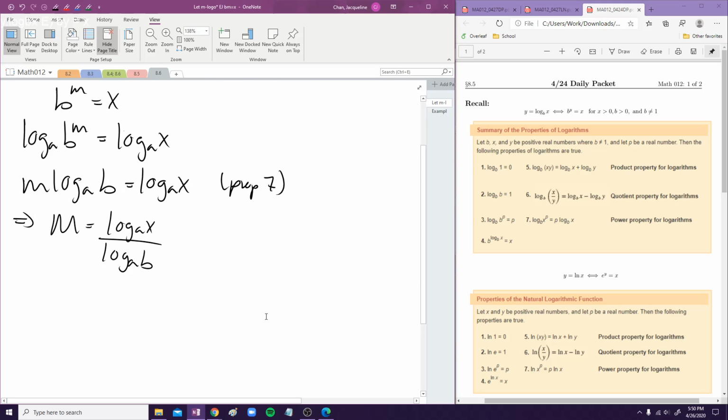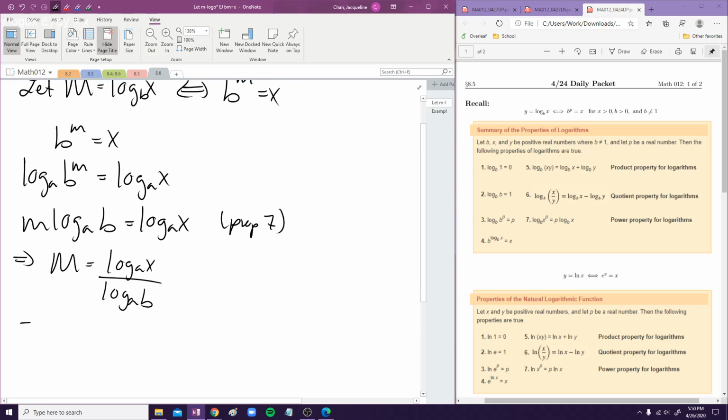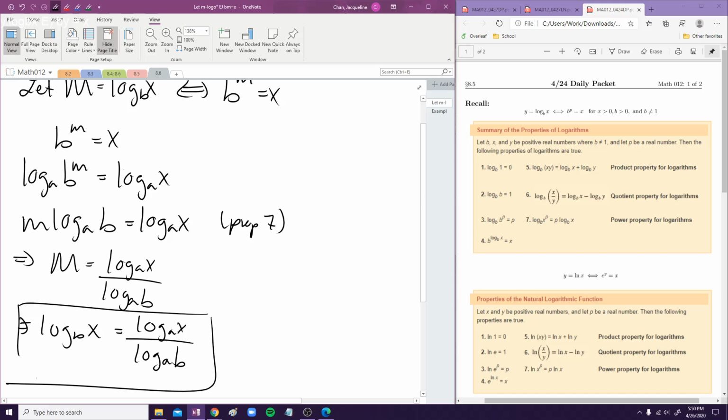Right? But what is m? m we defined to be log base b of x. So this is this. Right? And that is how you get the change of base formula. So I know we have this a here.